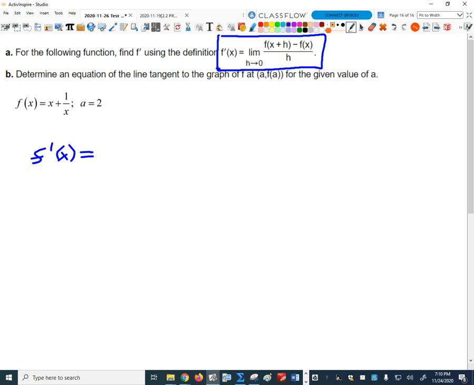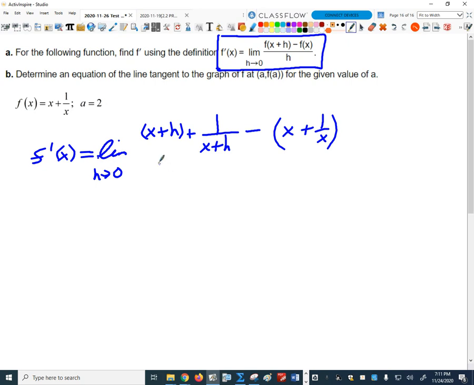So f of x plus h is going to look like, every place I have an x, I replace with an x plus h. So I'm going to get x plus h plus 1 over x plus h minus f of x, which is the quantity x plus 1 over x, all over h as h goes to 0.